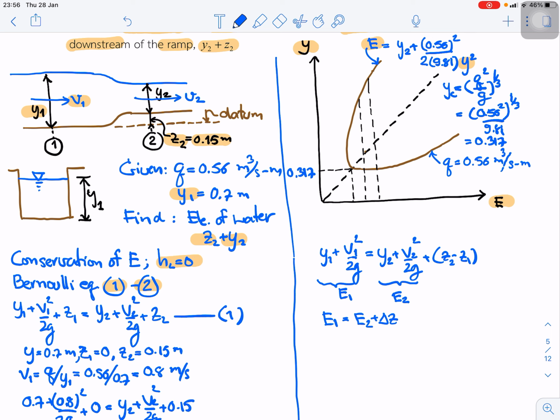The other one is E minimum, which is equal to 3/2 of yc. So we got about 0.476 meter. So that is 0.476, E minimum. Okay, this we can write E minimum here at this point.